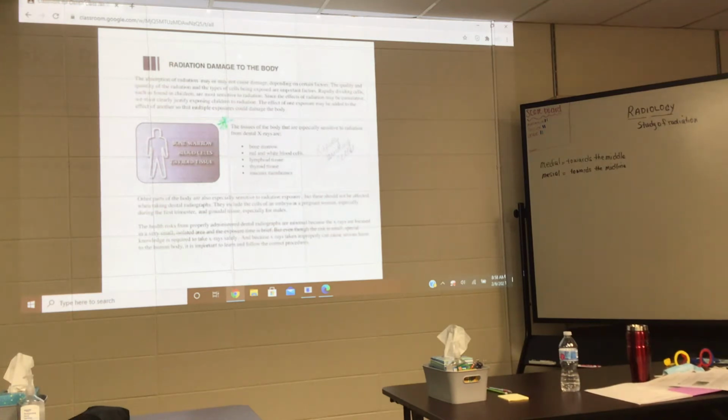Okay, health risks from properly administered dental radiographs are minimal because the x-rays are focused in a very small, isolated area and the exposure time is brief. Even though the risk is small, special knowledge is required to take x-rays safely. And because x-rays taken improperly can cause serious harm to the human body, it is important to follow the correct procedures.